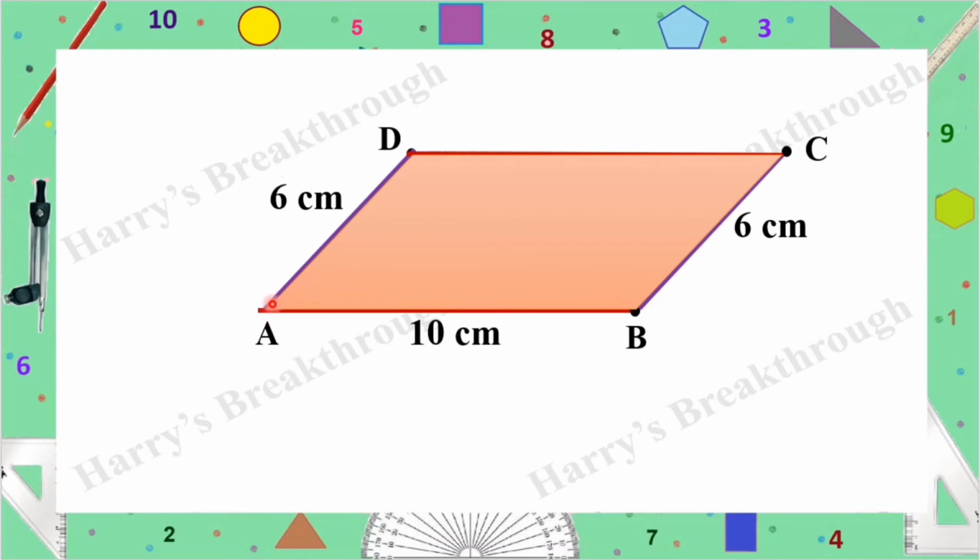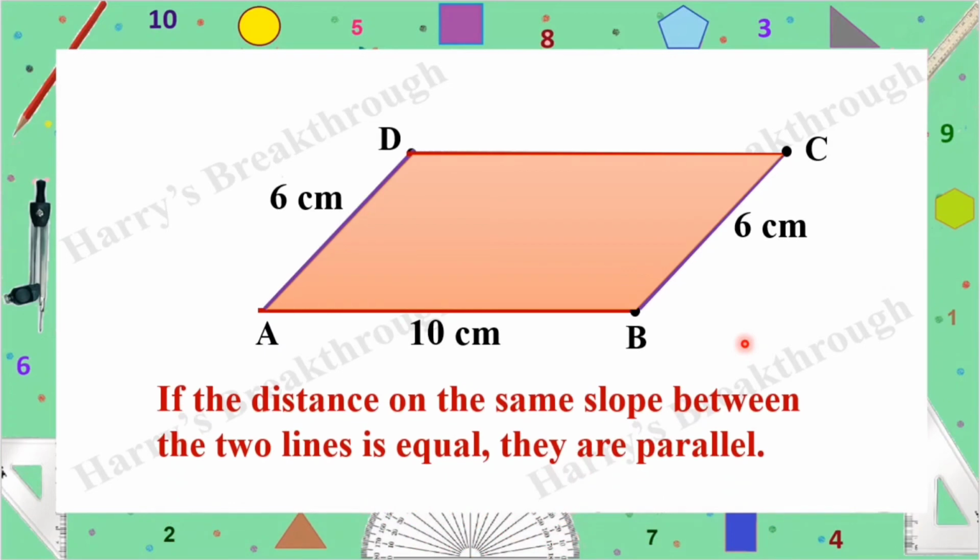And we have taken AD and BC 6 centimeter length, right? Both of these slanted lines are same length. So if the distance on the same slope between the two lines is equal, they are parallel.